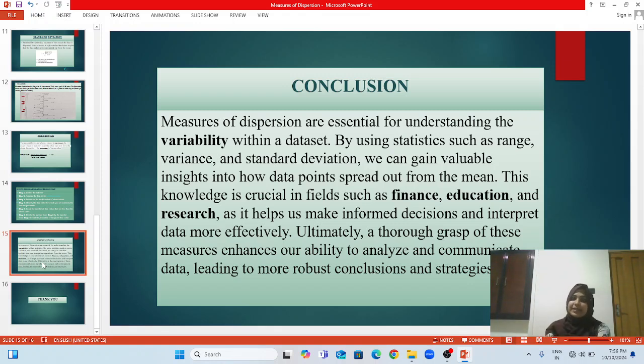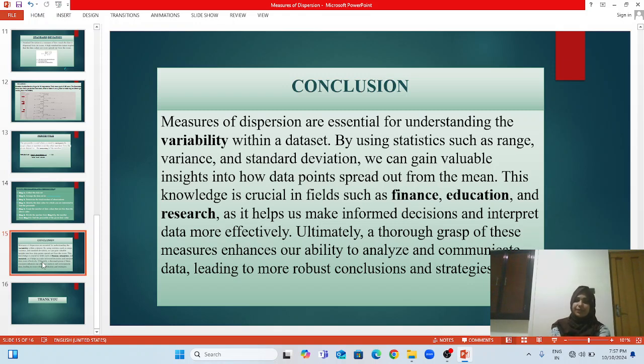By using statistics such as we already discussed, range, standard deviation, variance, mean deviation, etc., we can see how spread out data is. This is very useful in finance, education and research. Ultimately, a thorough grasp of these measures enhances our ability to analyze and communicate the data, leading to strong conclusions.